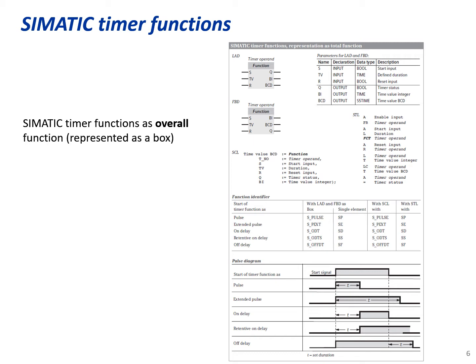The extended pulse, you see that even after the start signal goes off, it will be extended after that time. That's why they call it extended pulse. On delay timer, from the name it is clear that this is a delay timer and it is on delay. It means that the start signal should go from off to on.